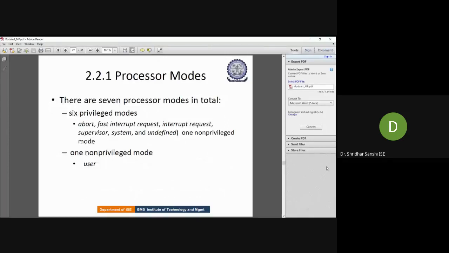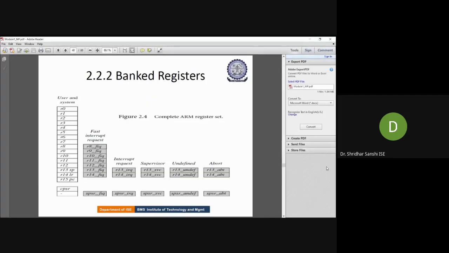We talked about this, and next is the banked register. What do we mean by this? You can see in this figure, we have almost 37 registers in the microcontroller, the complete ARM register set.